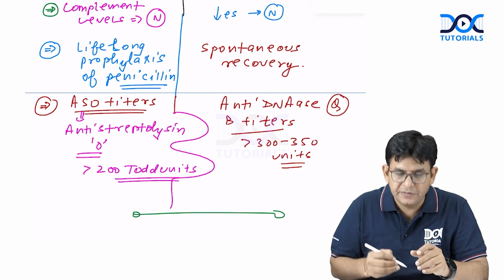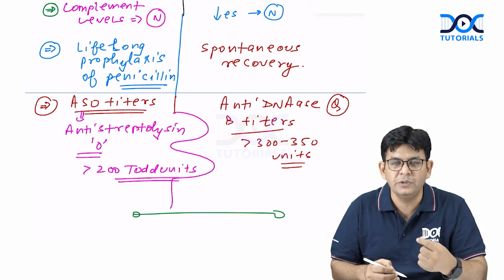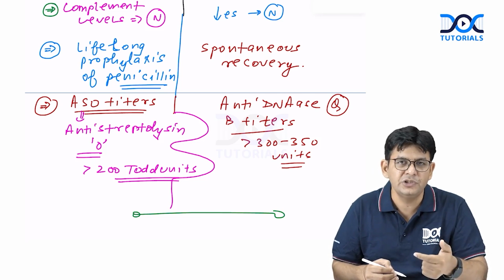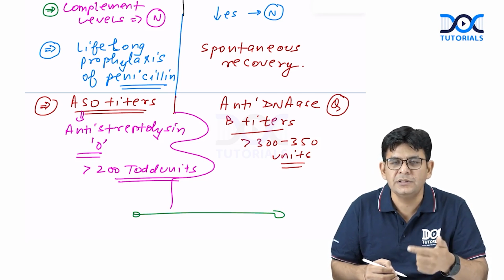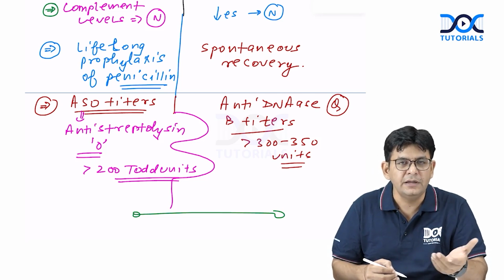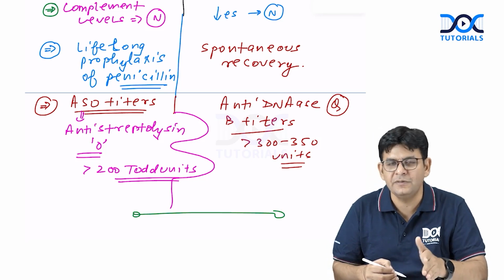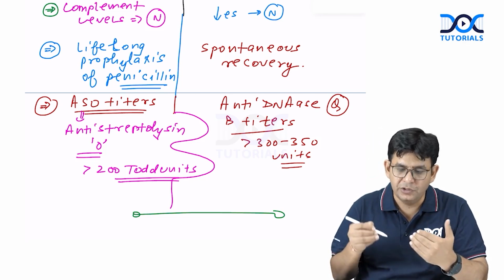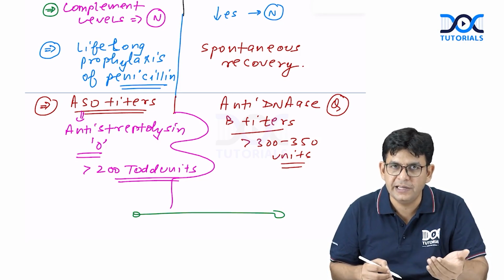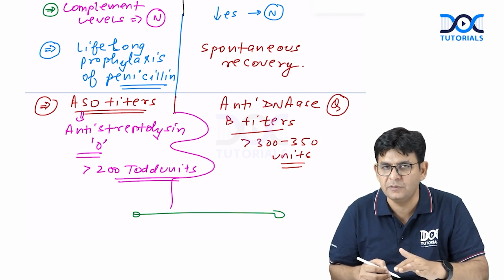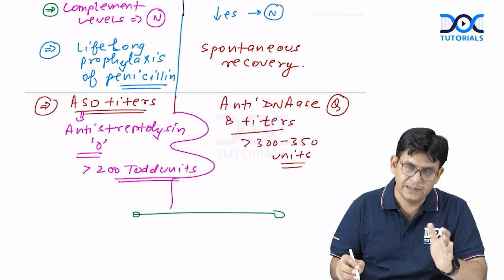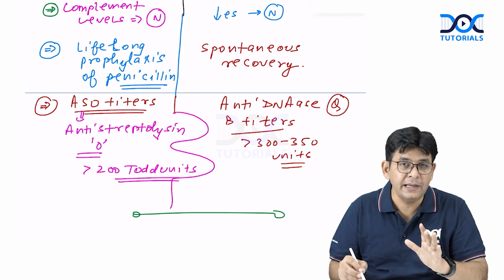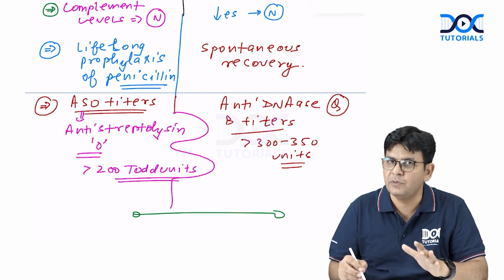So remember, these are the differences between ARF and AGN, which are frequently asked even in your second year. This is a favorite question of the examiner: in which the complement level increases, in which it decreases, in which it remains normal. What is the history, in which lifelong prophylaxis is there, which one recovers. I suppose by these differences you can easily make out which one is having what.